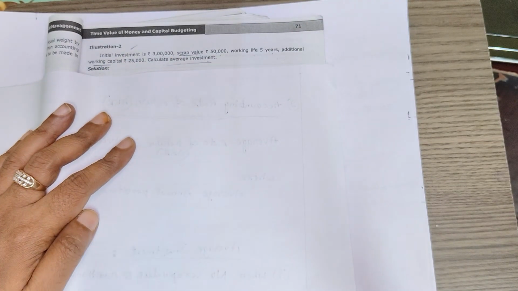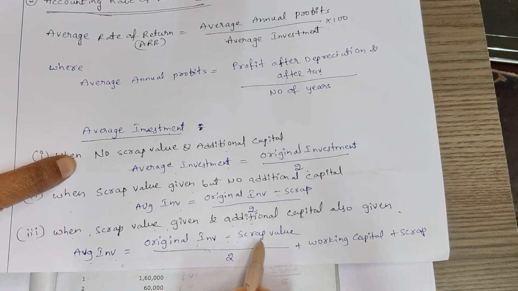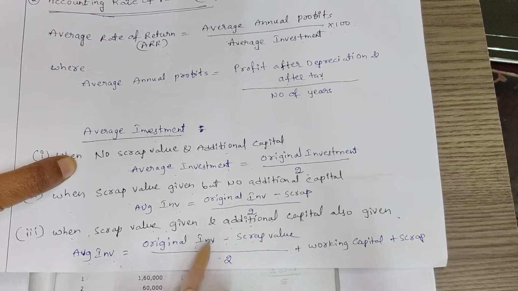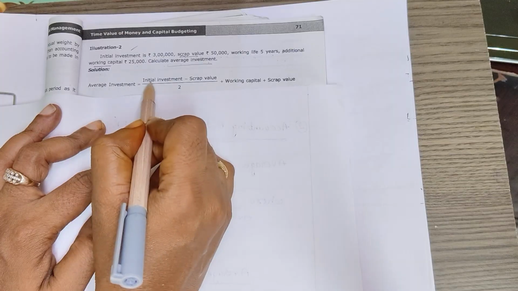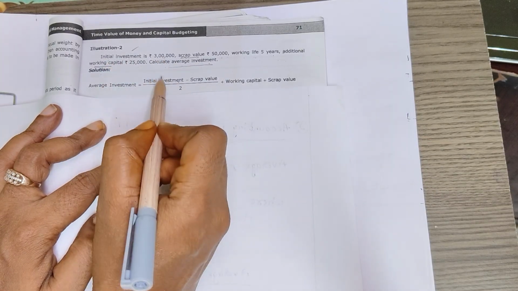So in the third formula, how to calculate average investment? Original investment minus scrap value divided by 2, plus working capital plus scrap value. Initial investment is nothing but original investment. What is the original investment here? 3 lakhs.